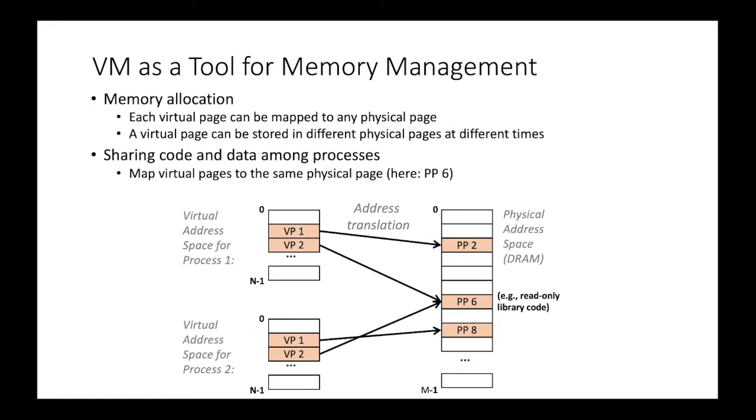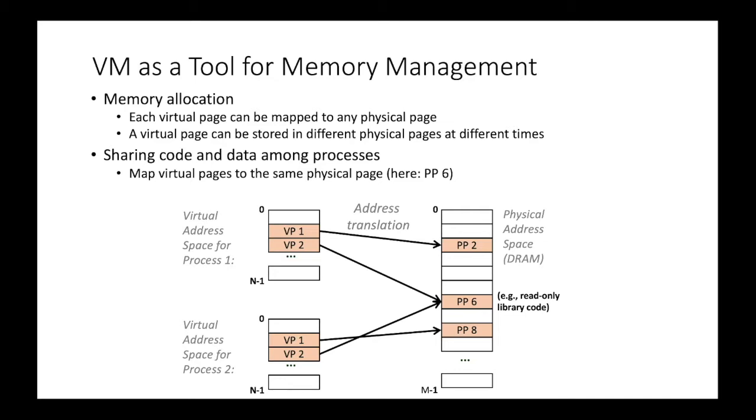Because of the use of a fully associative configuration, a virtual page can be mapped to any physical page, and this mapping can change dynamically. This mapping scheme makes sharing much easier.